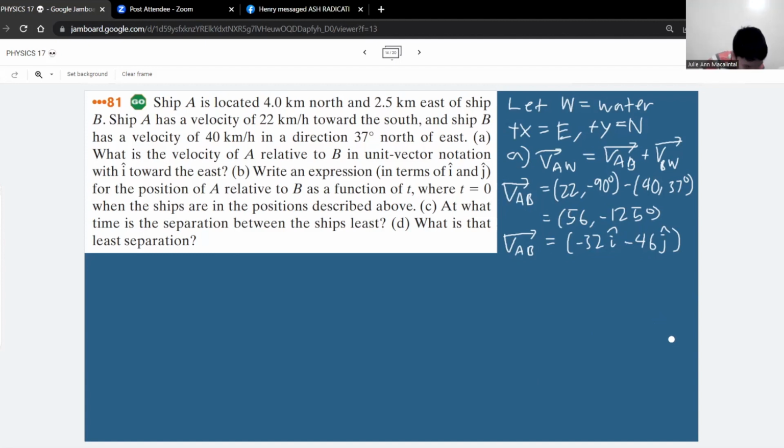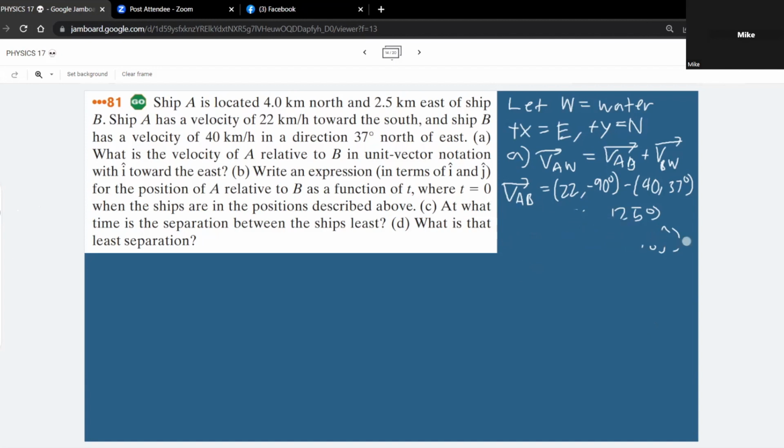Meron pa pala pong dito na vector. Wait lang. Kasi yung V sub AB, saan ang galing yan? Kailangan may details ka dapat na ginawa dyan, nag-components ka for the velocities and then nag-subtract.